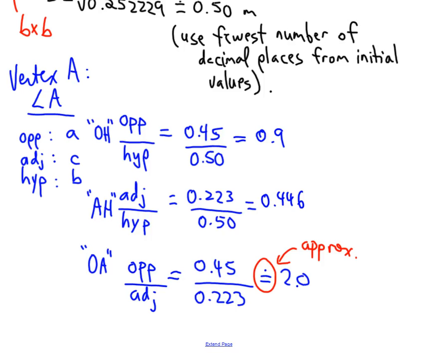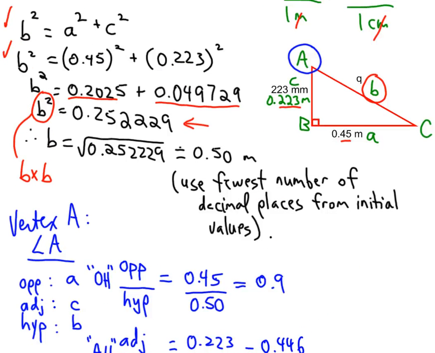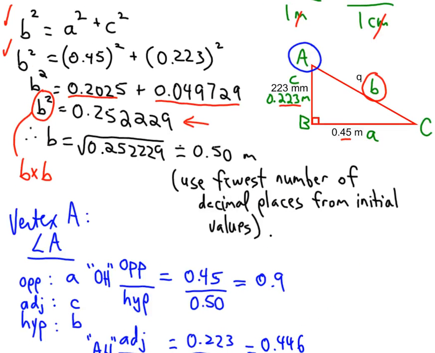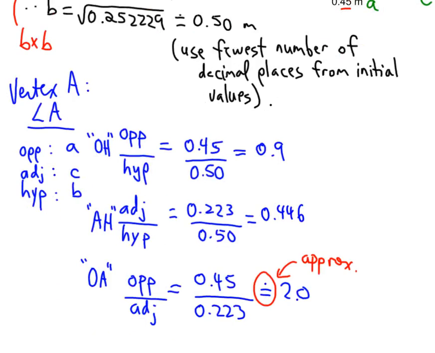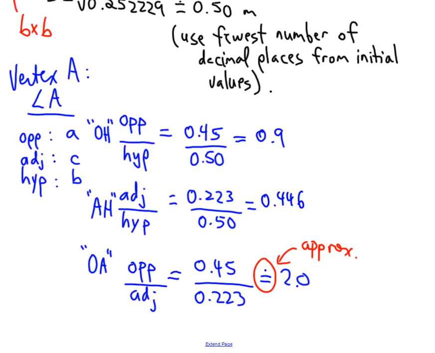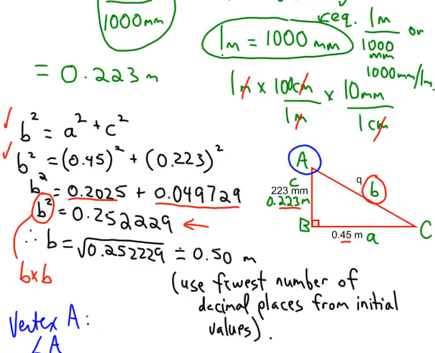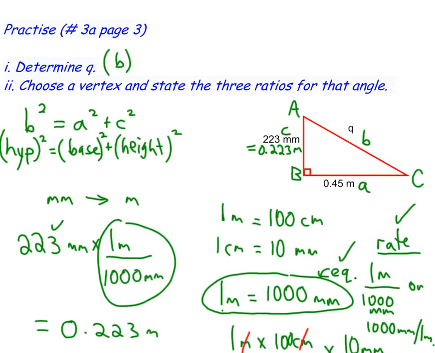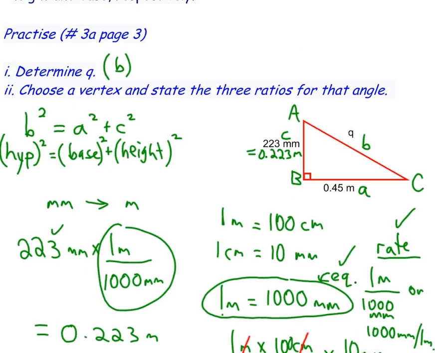So 2, meaning that the opposite side of the triangle is, from angle A anyway, about twice as long as the adjacent, and that's consistent with these numbers. Again, don't let the diagram deceive you, but 0.45 is pretty much exactly double 0.223. Okay, so that's what the ratios mean, and we can talk about that more tomorrow, but those would be the 3 unique ratios that are possible for angle A, and if you choose a different angle, you'd get different ratios.